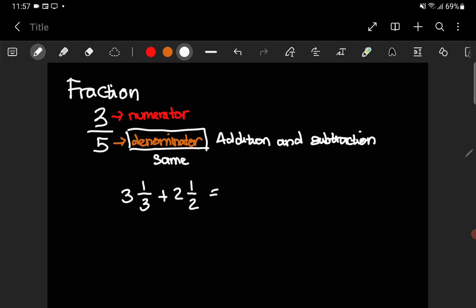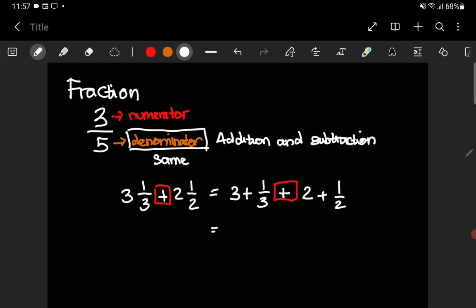We learned already in the class that 3 1 over 3 means 3 being added by 1 over 3. And then after that there is a plus sign here, so I just copy plus, right? And then what is the meaning of 2 1 over 2? Well, that one means 2 plus 1 over 2.